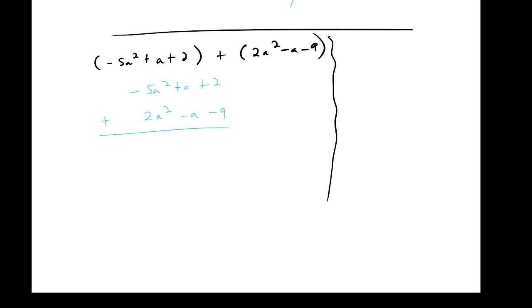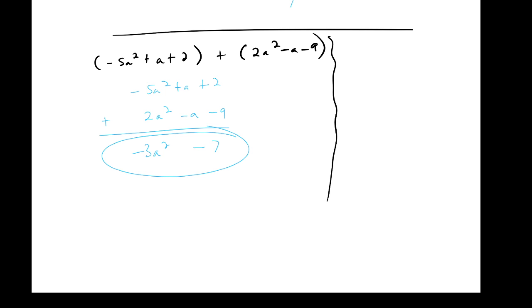And then I'm just going to combine my terms. Negative 5a squared and 2a squared is going to be a negative 3a squared. A and negative a is going to cancel. And then 2 and negative 9 is going to be a negative 7, and that's going to be your answer.